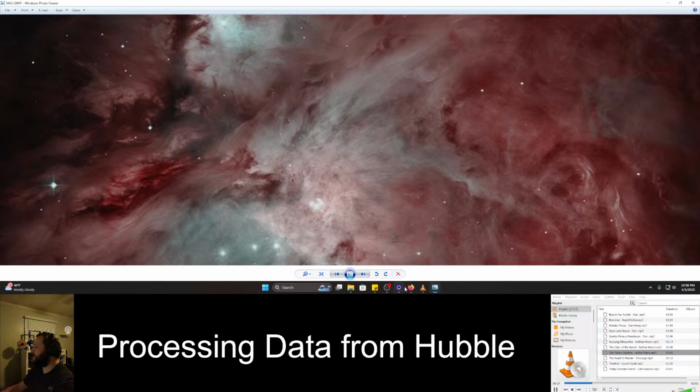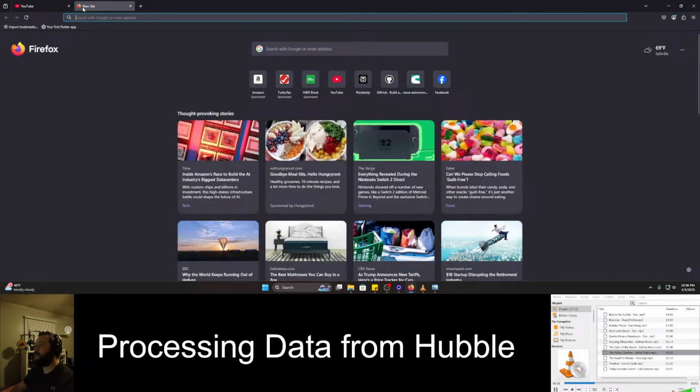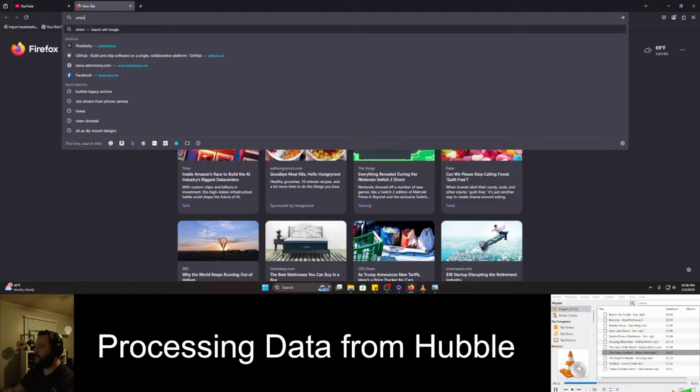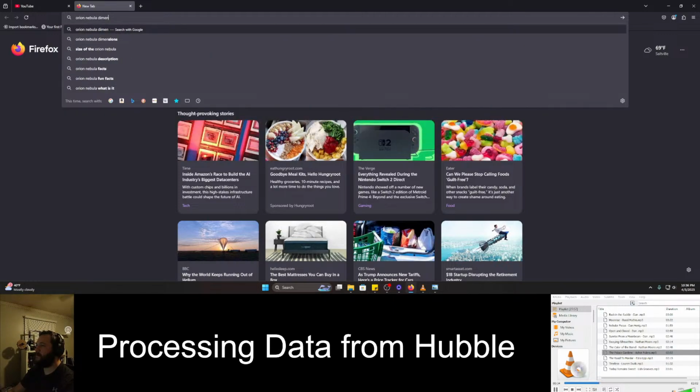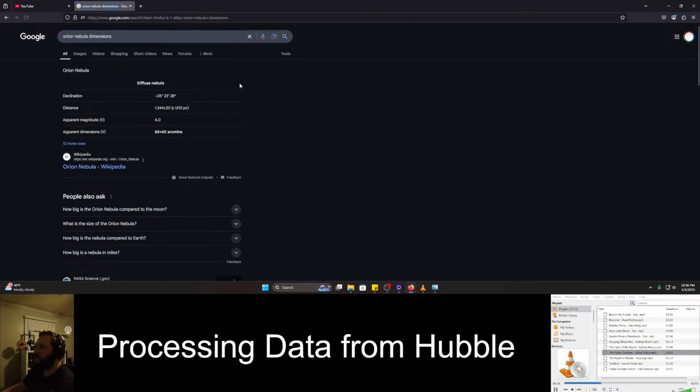And I forget exactly. So it is 13,500 light years.